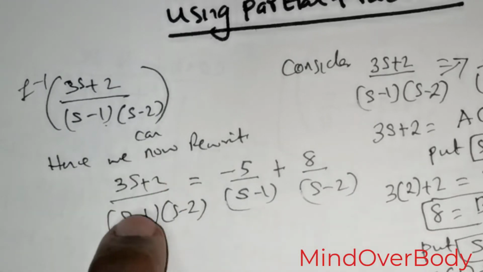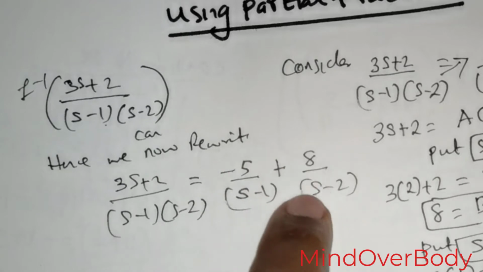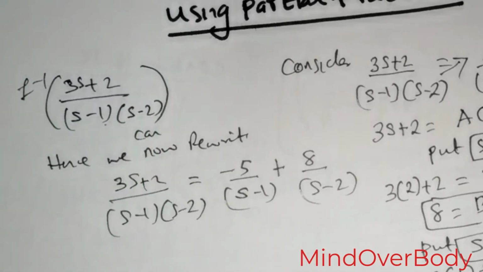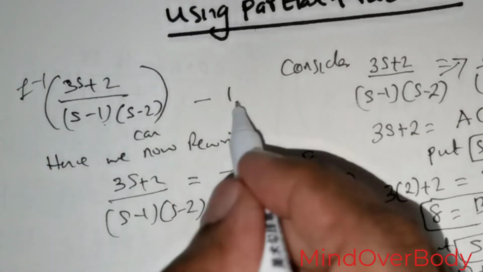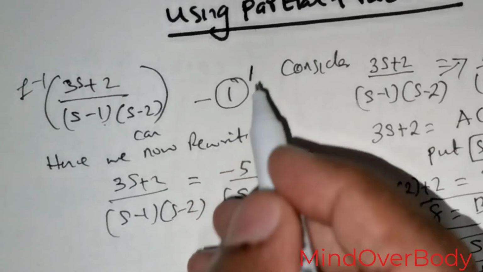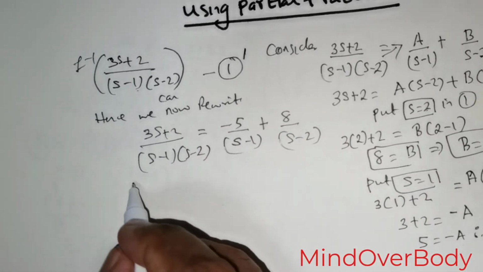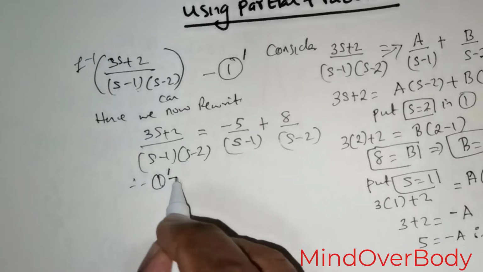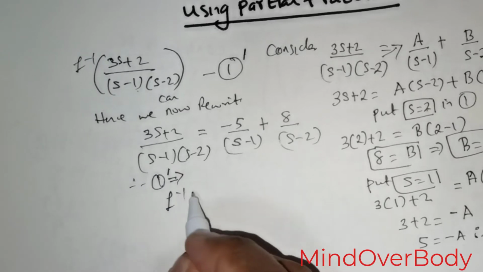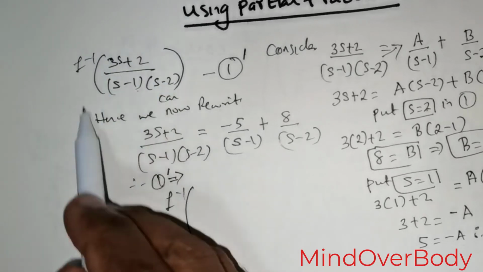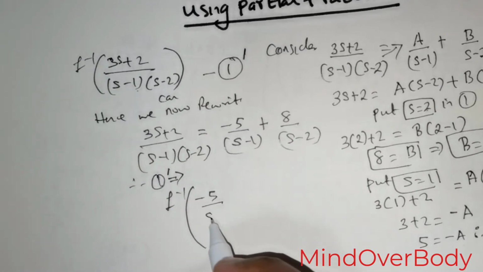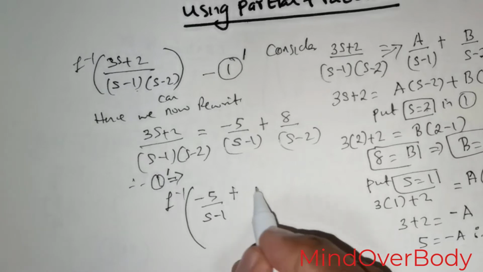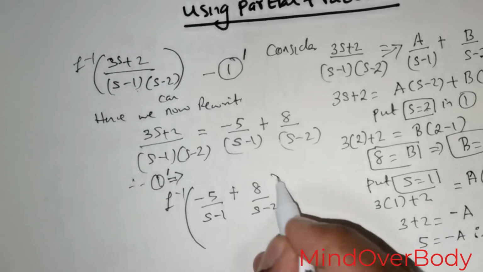Wherever I find this quantity, I can replace it with this quantity. So let's do that. Hence I can rewrite this: taking this as y, y becomes L inverse of, in place of this entire component, negative 5 over (s - 1) plus 8 over (s - 2).